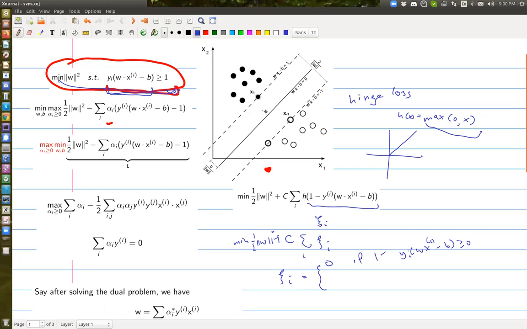Otherwise it will be just equal to itself.